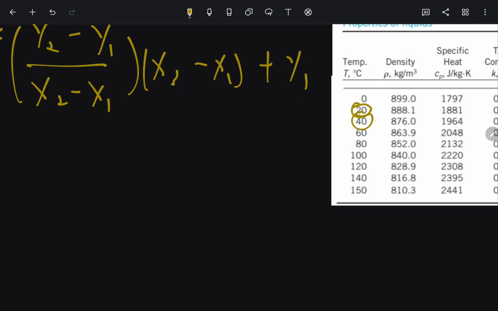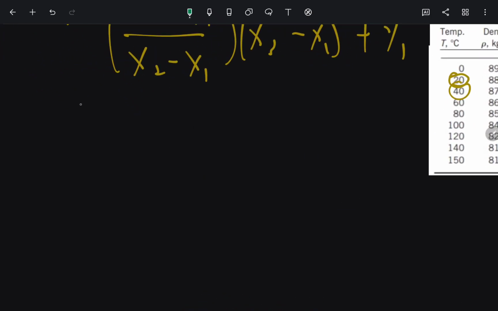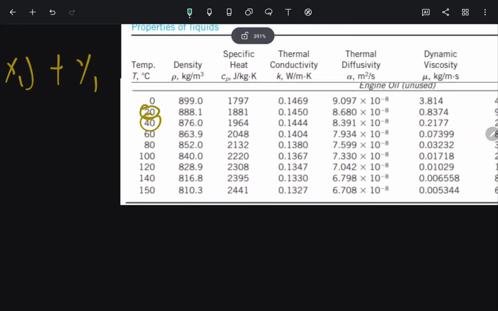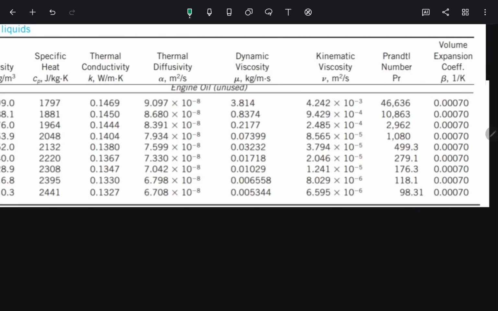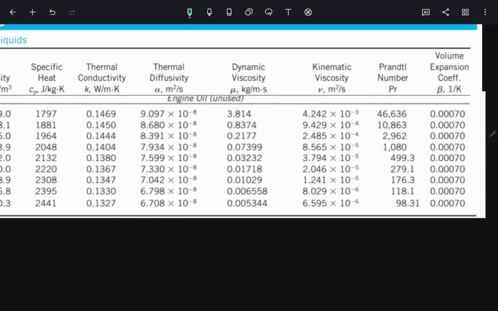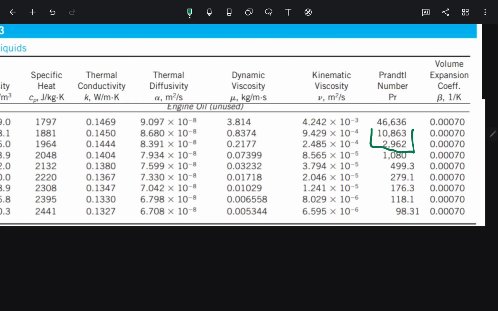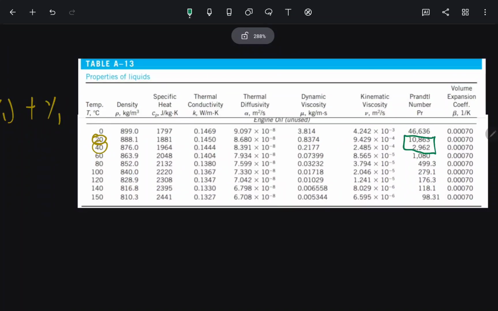Our goal, we're given in our question that the temperature we want to look at is 33 degrees. And what variable do we want from this? We want the Prandtl number. So we look at the two, 20 and 40, and the Prandtl number for those.